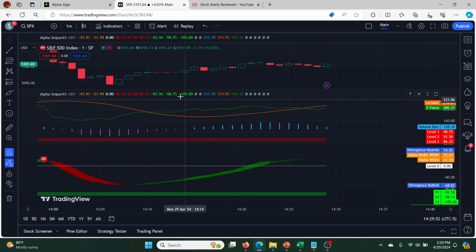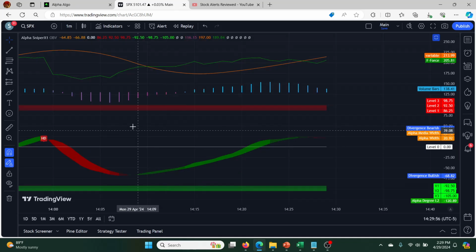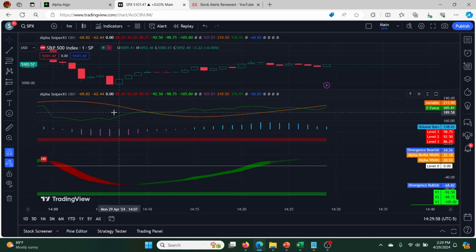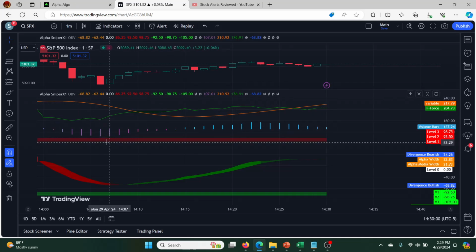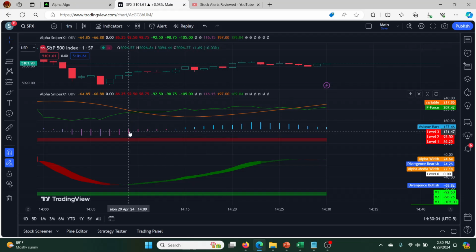So let's flip over and see what the actual indicator that I was talking about has to say. I want to see strength because I'm long biased still in the market, so I like to see that coming in. But let's see where we're at.